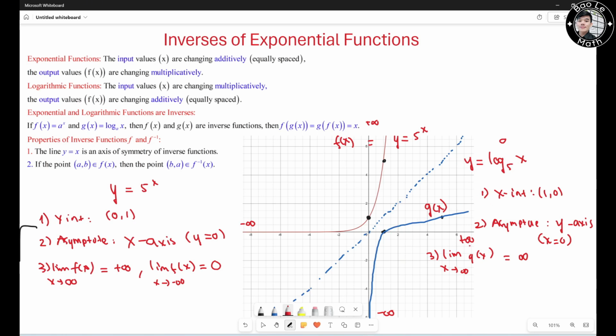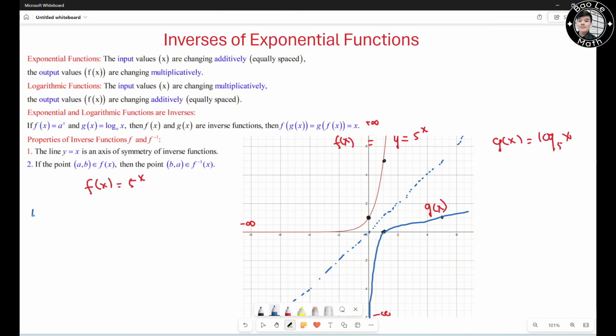Now, the limit of the function g of s when s approaches 0, not negative infinity, it's 0 right here, because the function can't pass the y-axis. So the function g of s approaches negative infinity because it's going down right here. You see that?